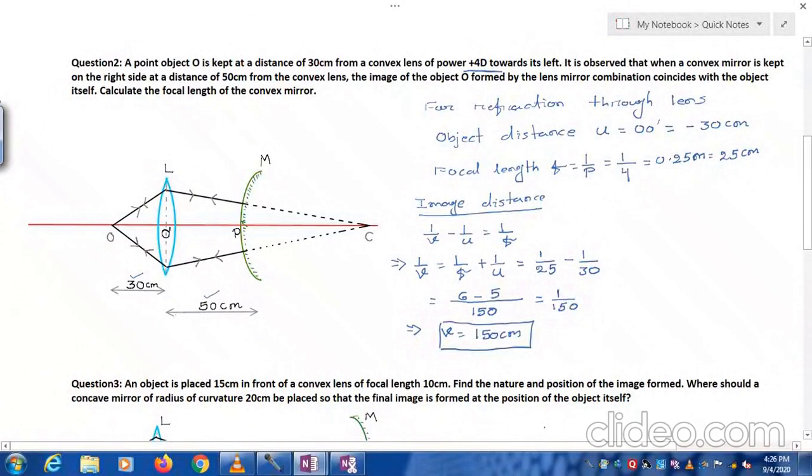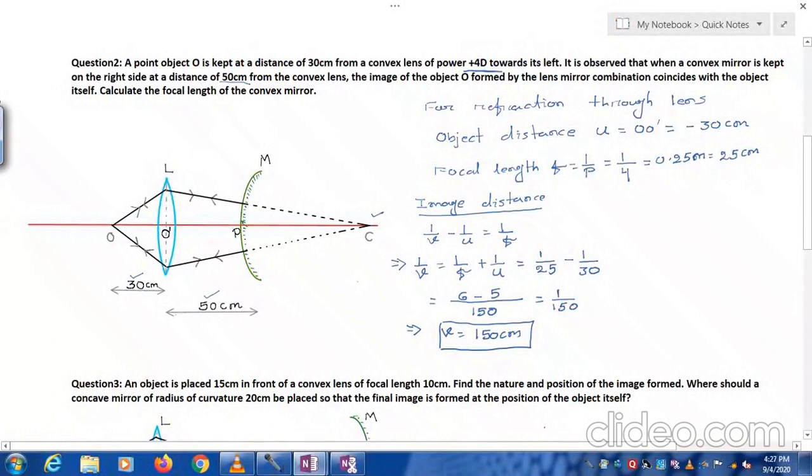Now the image is formed at the point C, suppose, but here the mirror is placed at a distance 50 centimeter from the lens. So this convex mirror is placed at a distance of 50 centimeter from the lens, but the image formed by the lens is at a distance O dash C, or at this point C. Now according to the question, the image coincides with the object.